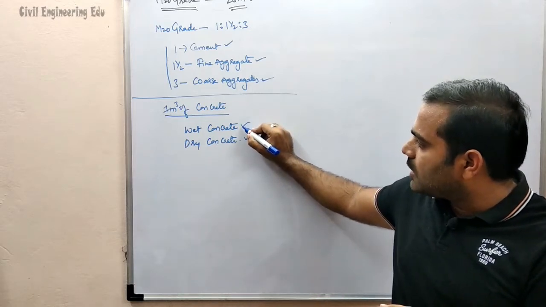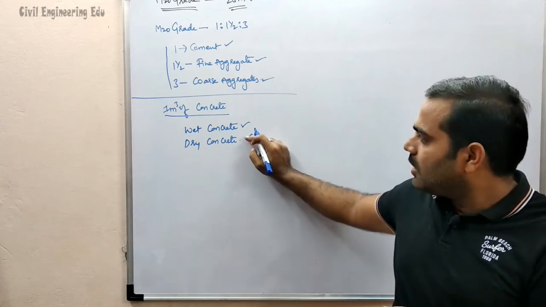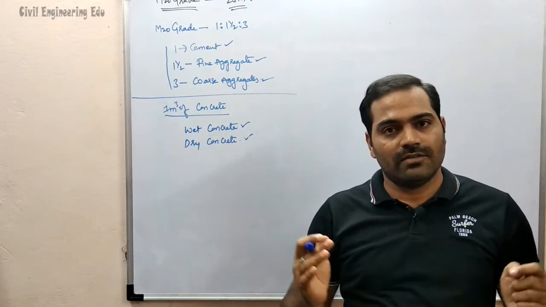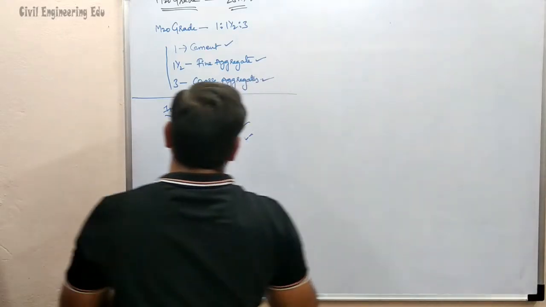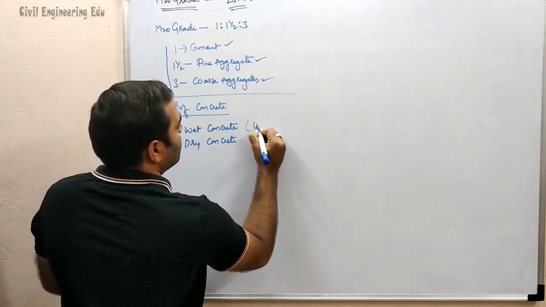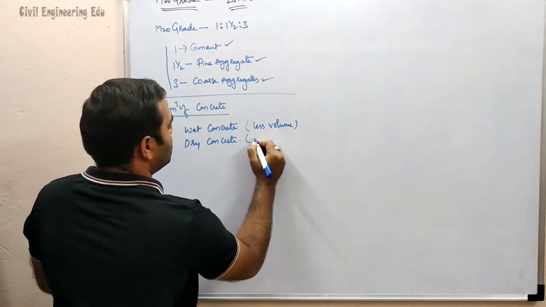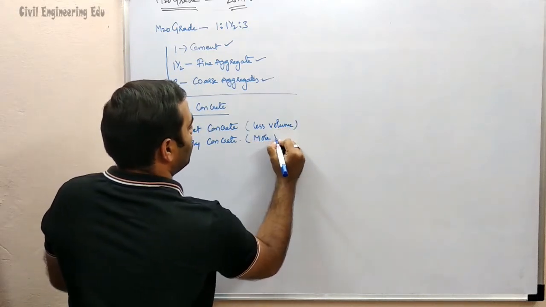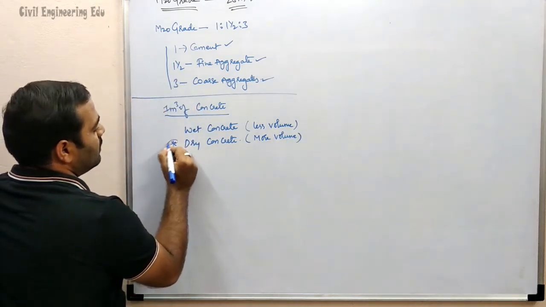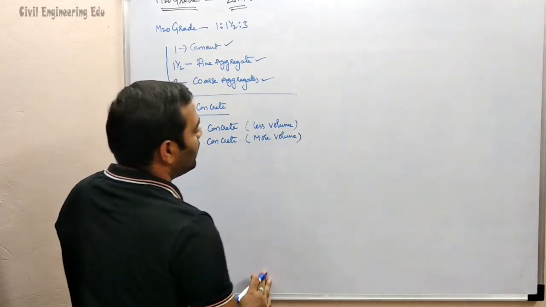Before adding water, the material will be dry and the volume will be more. After adding water, the concrete will become wet concrete and the volume will be decreasing. So in wet concrete, less volume, and in dry, more volume.